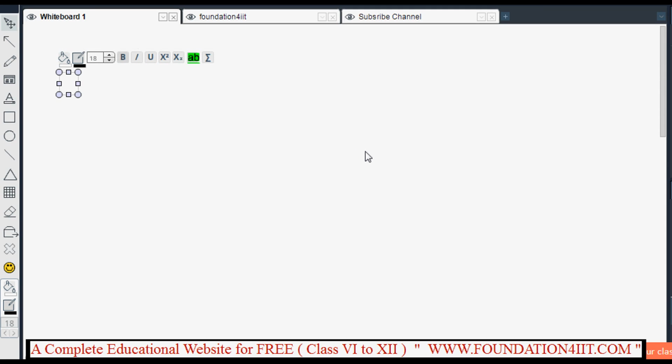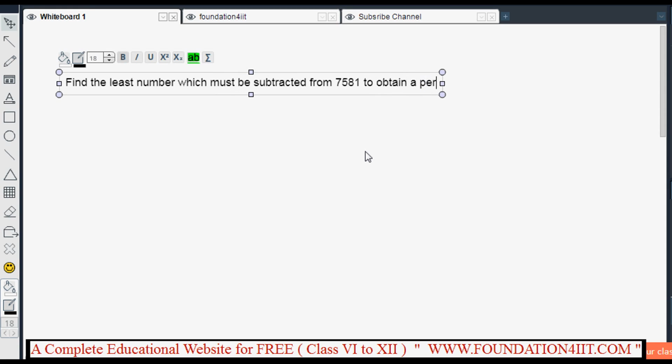Let's see the question. Find the least number which must be subtracted from 7581 to obtain a perfect square.